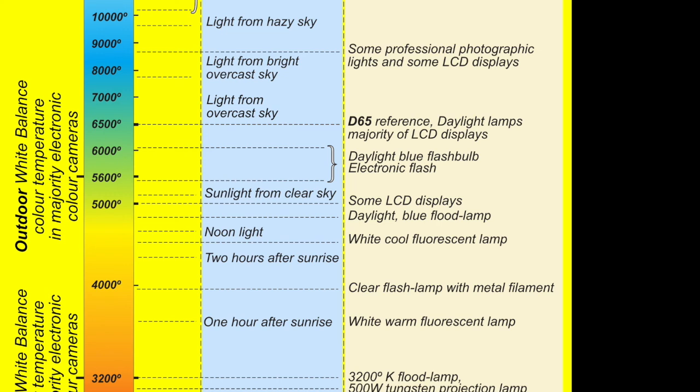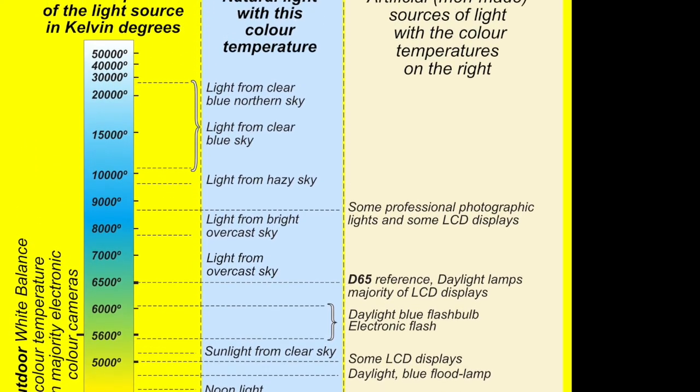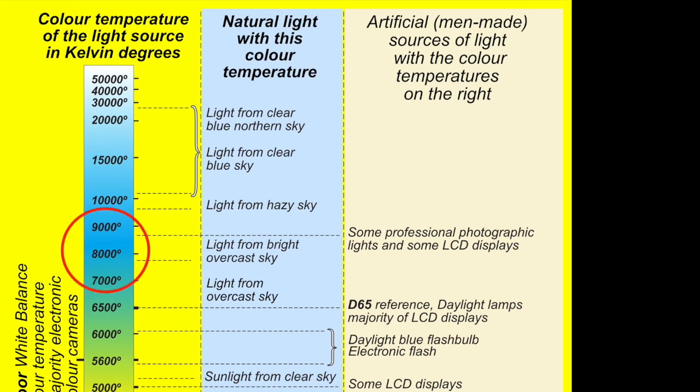Going further up in the color temperature scale, we have a very important color temperature number of 6500 Kelvin degrees. This is actually used as the reference of color temperatures. It's called the D65 color reference, and this is actually some daylight lamps in photography, and the majority of LCD displays would have this color temperature, which is 6500. 7000 Kelvin degrees corresponds to about light from overcast sky, 8000 light from bright overcast sky, and then we've got somewhere between 8000 and 9000 Kelvin degrees.